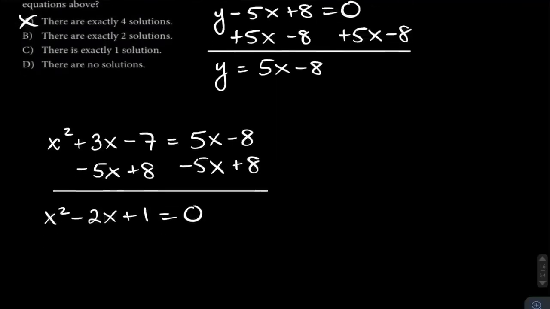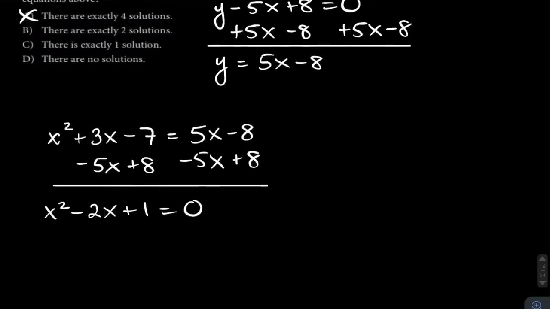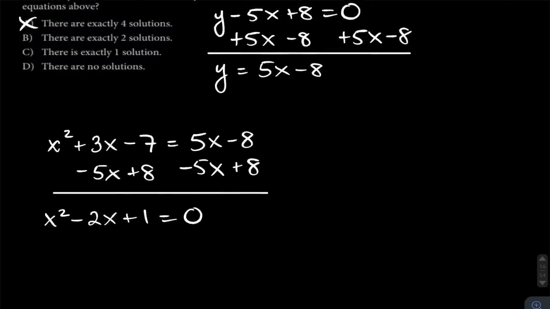Now, from here, there's a couple things that you can do, okay? You're looking for a number of solutions here. If you see an obvious way to factor it right off the bat, then go for it. But quite often, you're not going to be able to find a way to do that.